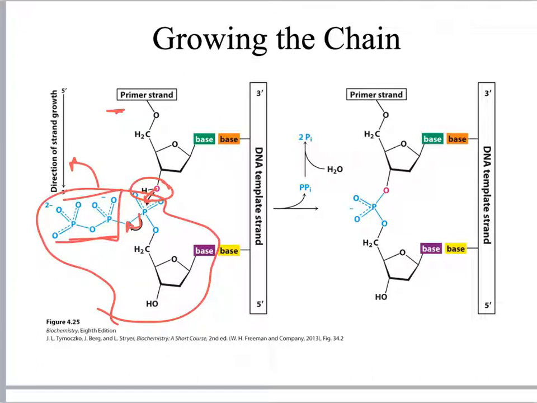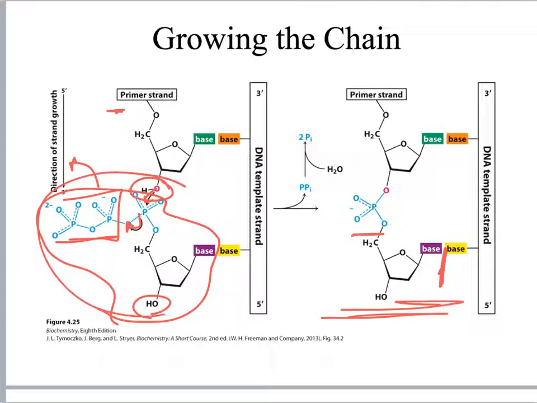This process generates another 3' hydroxyl group, which can continue the overall process moving forward. So we can see here that we've incorporated that phosphate within that structure, and we've added that base on there because we brought it in. We've got that hydroxyl group that now can do this again.